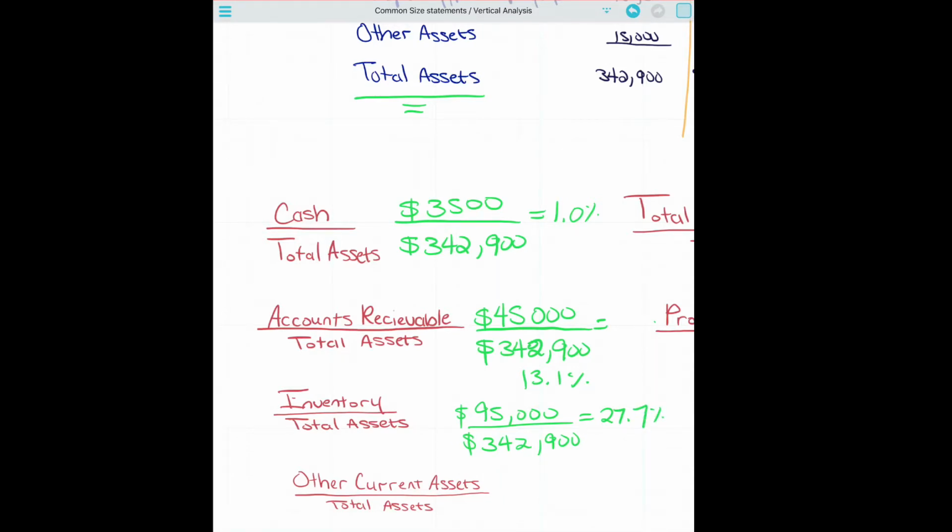Other current assets divided by total assets is $15,000 divided by 342,900 equals 1.3%.